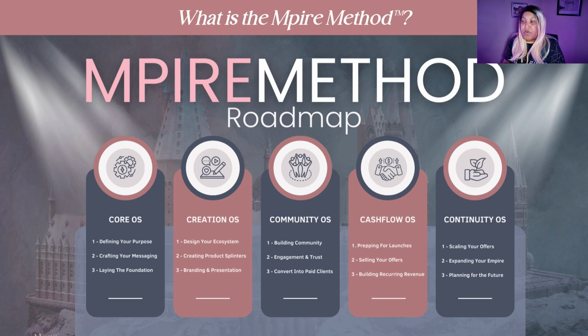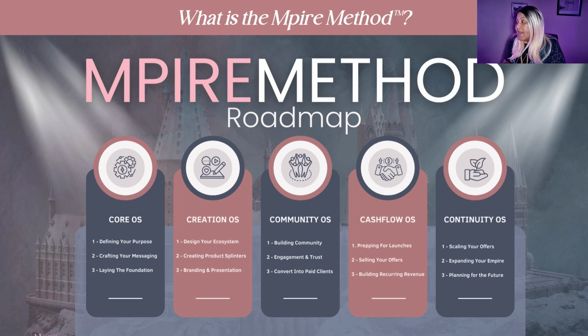This is where you gain know, like, and trust with your community, where they get to know you and you can actually transition those audience members, those leads, into paying customers. Cash Flow OS is where we're learning marketing strategy. We're prepping for launches, we're selling offers, we're building the landing pages and the funnels, and we're getting into more automation and automating our processes.